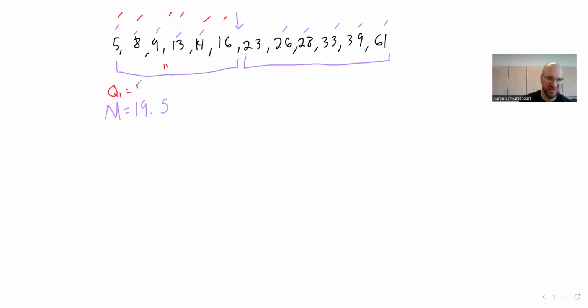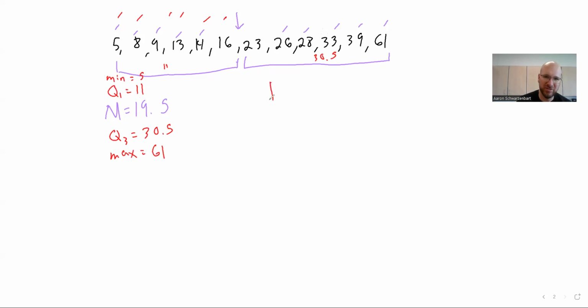Q1 here is 11. Q3, I can see it's going to be right here. Halfway between 28 and 33 is 30.5. The rest of my 5-number summary: min is 5, max is 61.